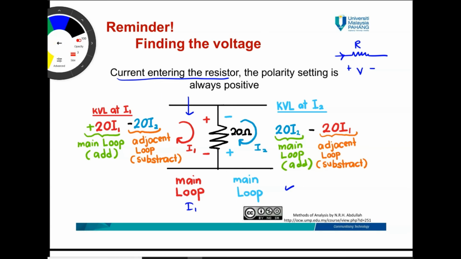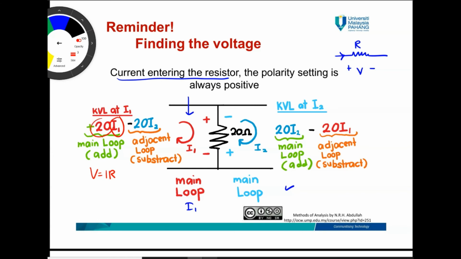So 20 times I1 is Ohm's law, V equals IR. The owner of the first loop is I1, and the resistor is 20.